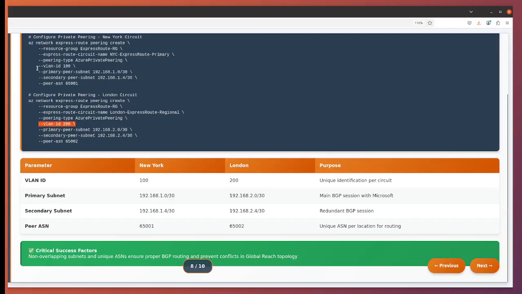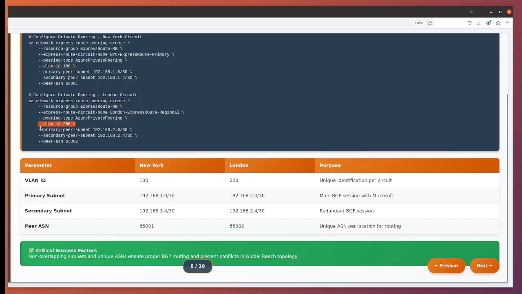The subnet assignments are crucial for global reach. The primary subnet uses a /30 network for the main BGP session. The secondary subnet uses a /30 network for the redundant BGP session. ASN selection requires unique private ASNs for each location, and the VLAN strategy needs non-overlapping IDs across circuits.